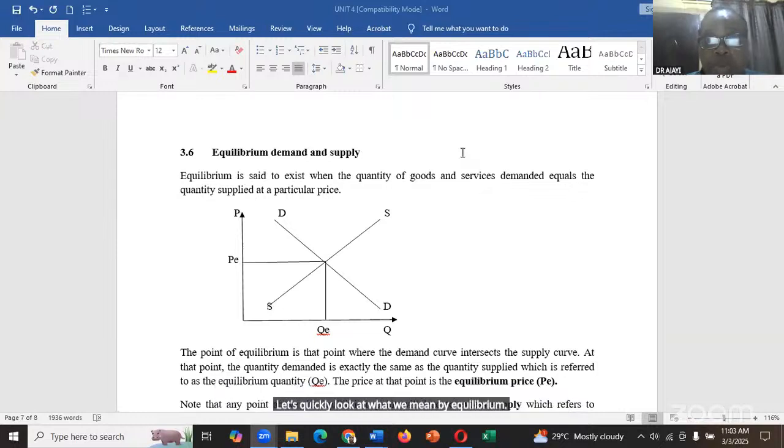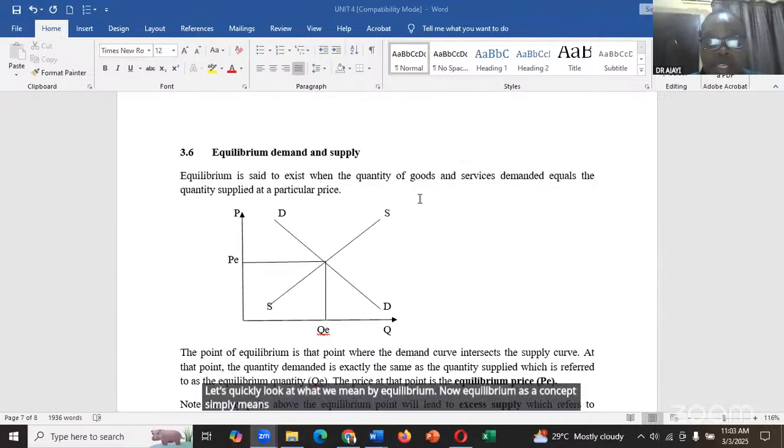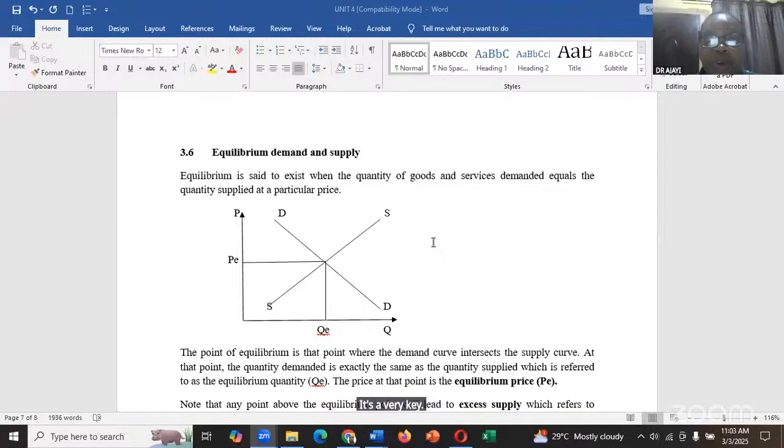Now, equilibrium as a concept simply exists when the quantity of goods and services demanded equals the quantity supplied at a particular price. And equilibrium as a concept is a very key concept in economics. Why do we say it is a very key concept?